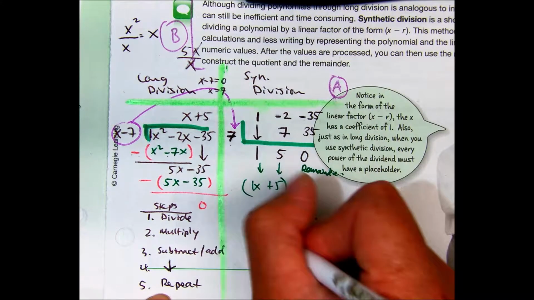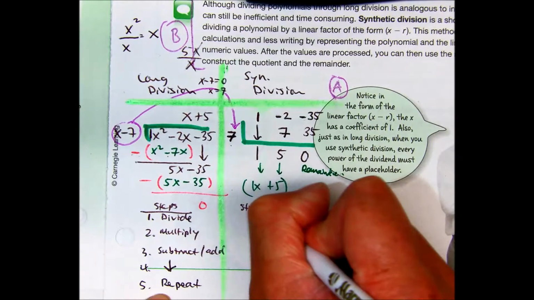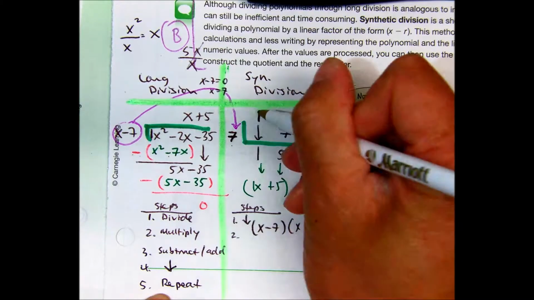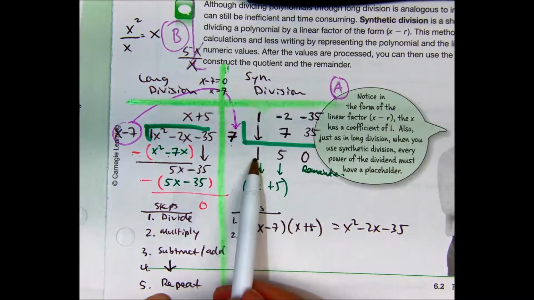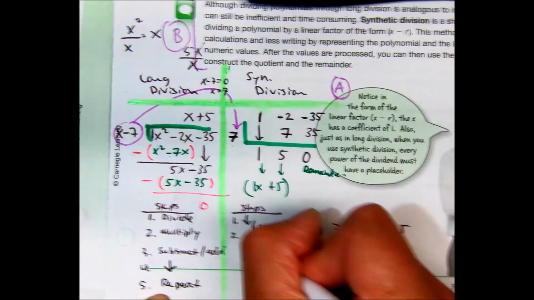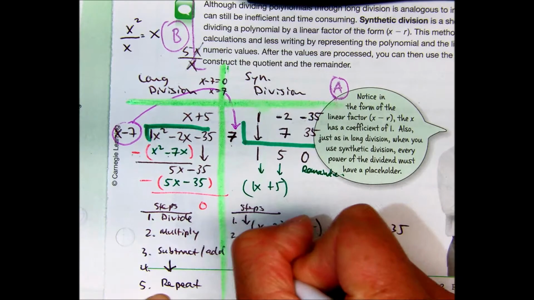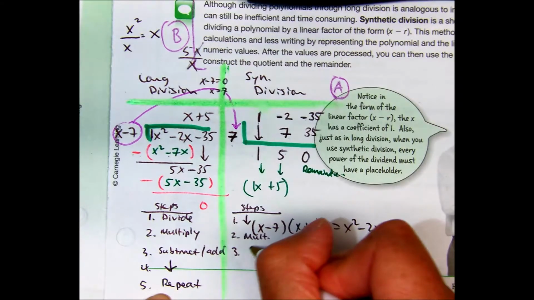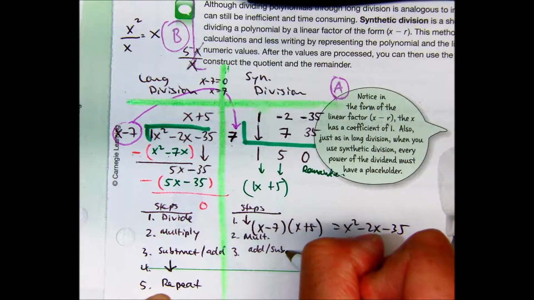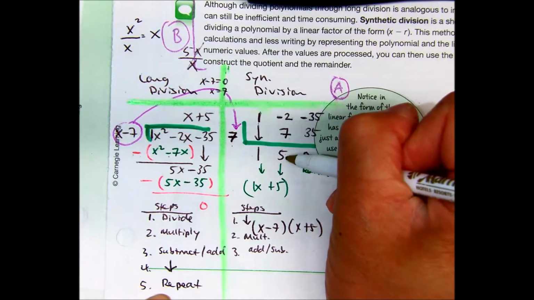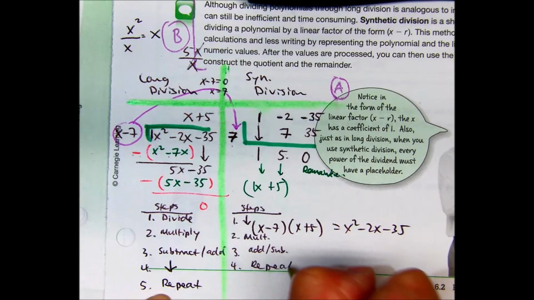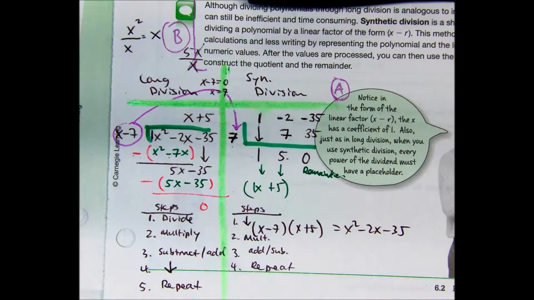So our steps would be what? Bring it down. Then what do you do with this one? Bring down, multiply. And then subtract that. Add or subtract. And then we do the repeat. So pretty much the same thing, but that arrow is just in a different place, right?